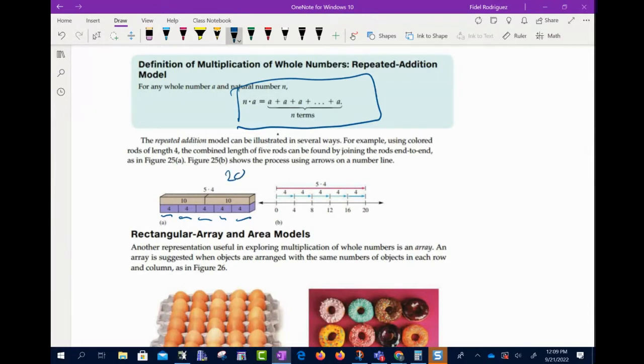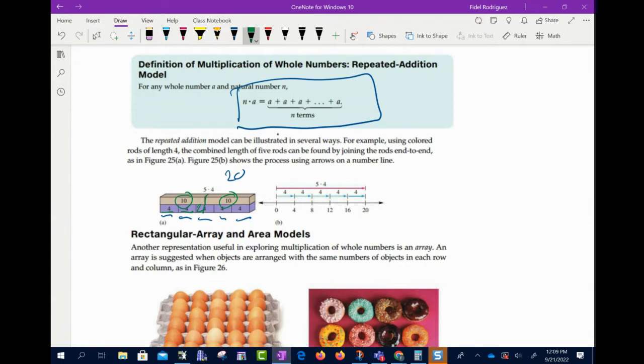What they did here is cut that little rod in half. We have 4 and 4, which is 8, and half of 4, which is 2, that gives me that 10 and that 10. So we have 2 bigger rods of length 10. When we add those together, that's 20.